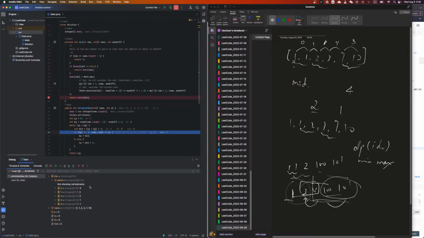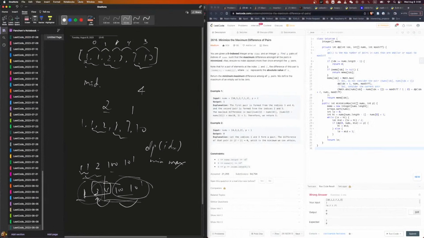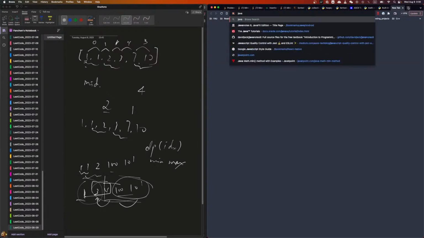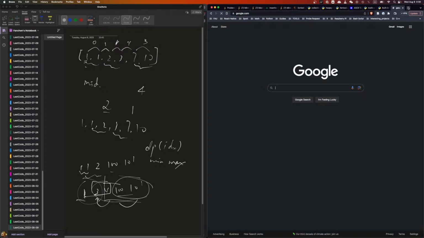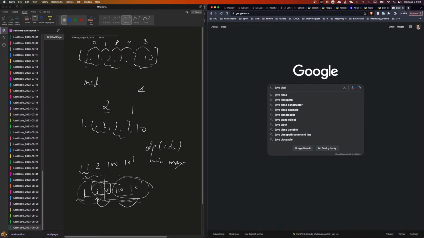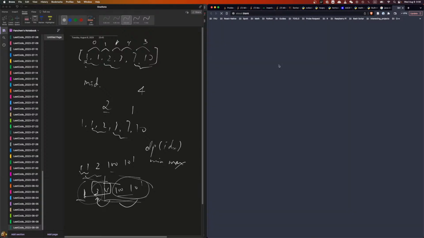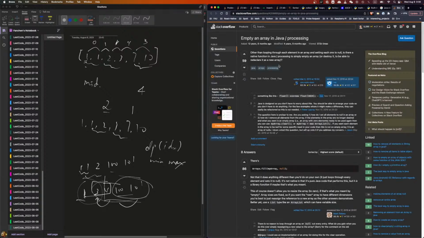I think I know. I should clear the mammal because 2 should be only 2 pairs. How do I clear mammal? Java clear array. How do I empty an array?